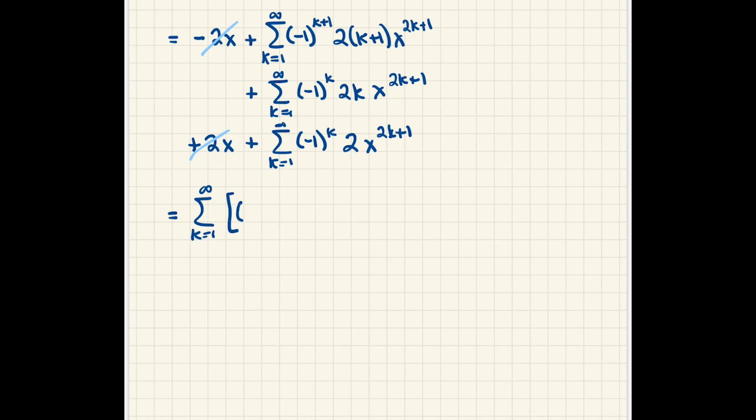So we're going to get this plus this plus this, and then that's x to the 2k plus 1.